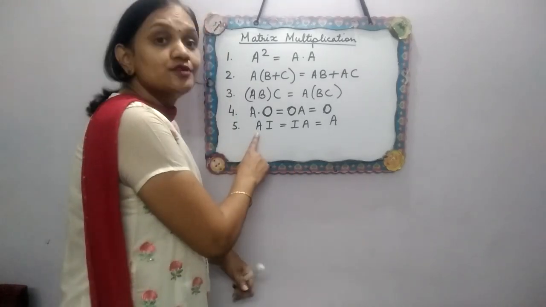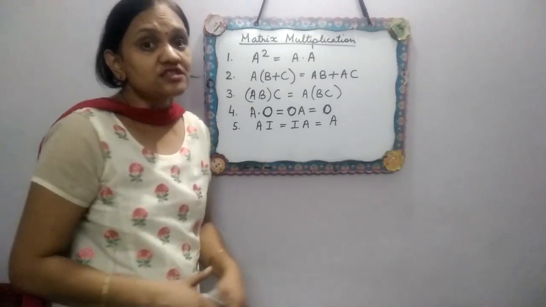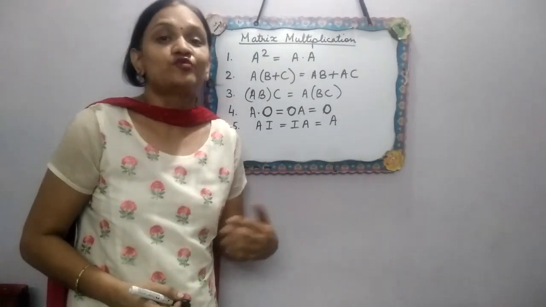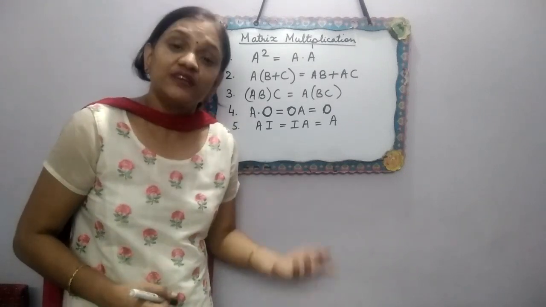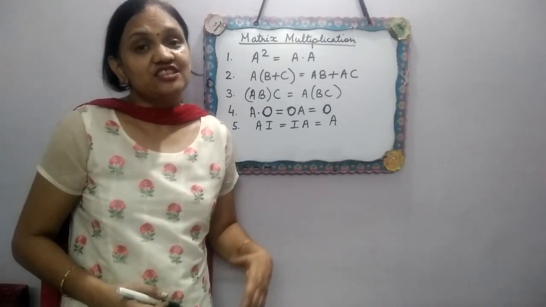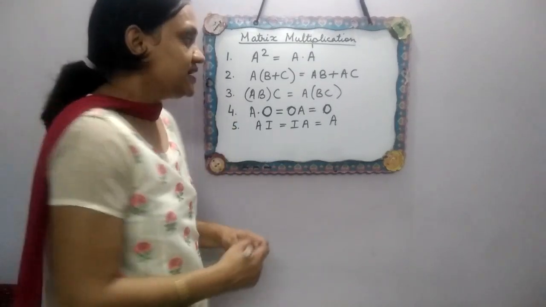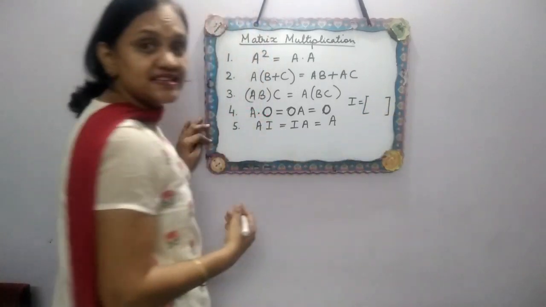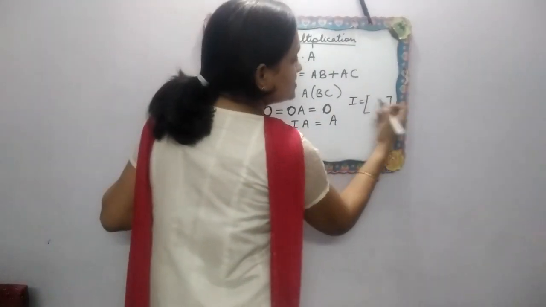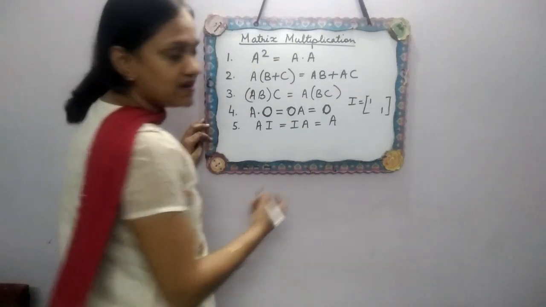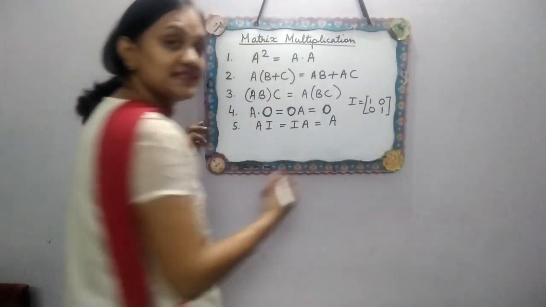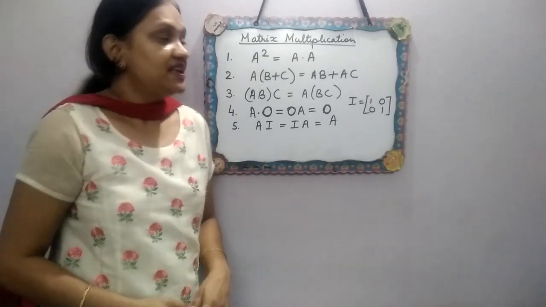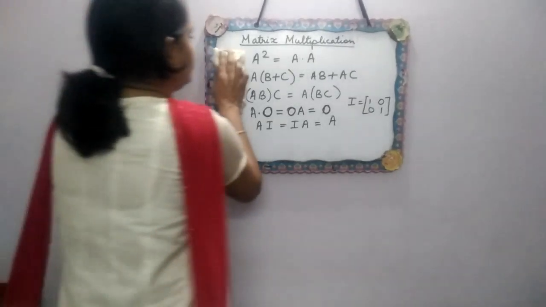If A is a square matrix of order 2, I will also be an identity matrix of order 2. If A is of order 3, I will be an identity or unit matrix of order 3. Remember, what is I? I is an identity matrix with all elements on the principal diagonal 1 and the remaining elements 0. So A into I is equal to I into A, which is equal to A itself.